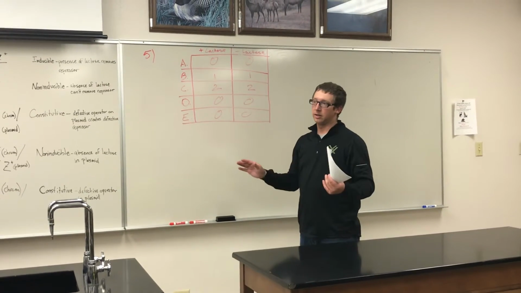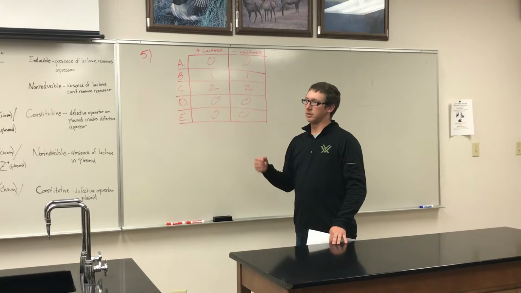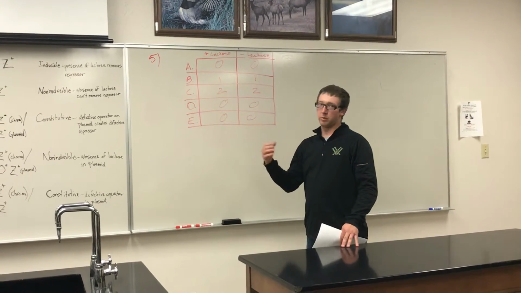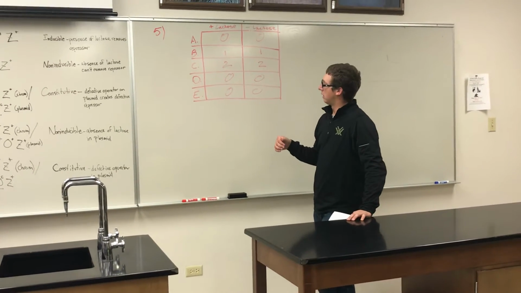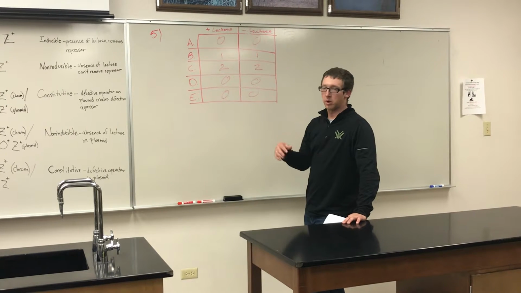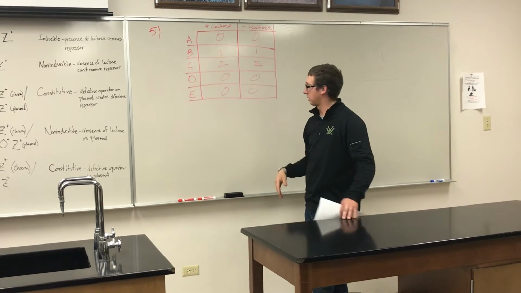There's not anything going to happen. You can't use any of the lactose because your proteins can't be made and your enzymes can't be made to process the lactose. So you're going to have 0 for each one, regardless if you add it or subtract it from the test tube.